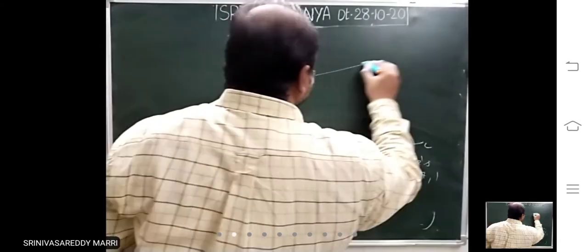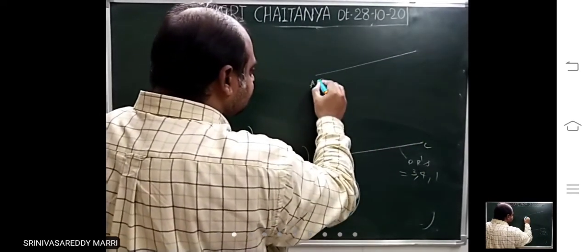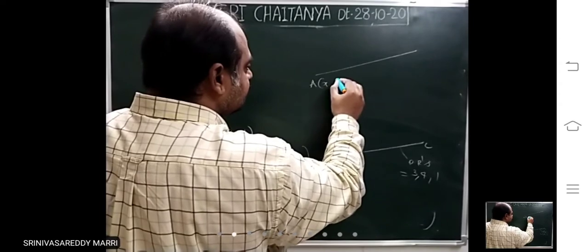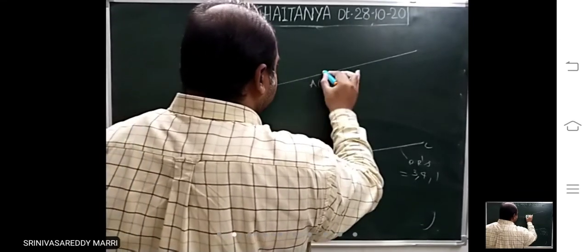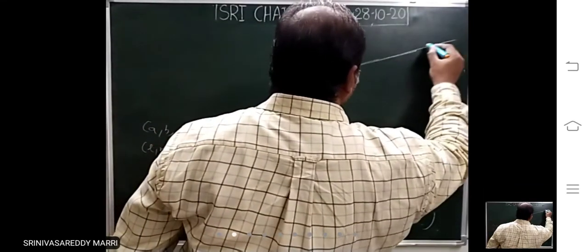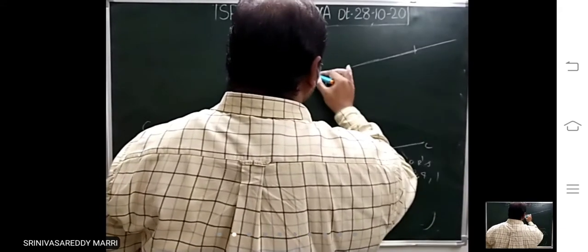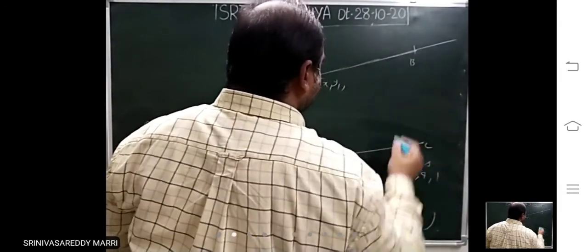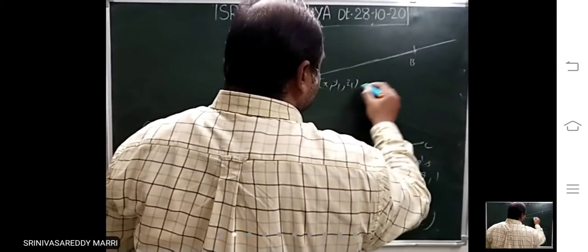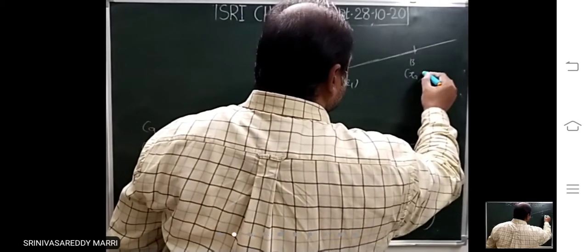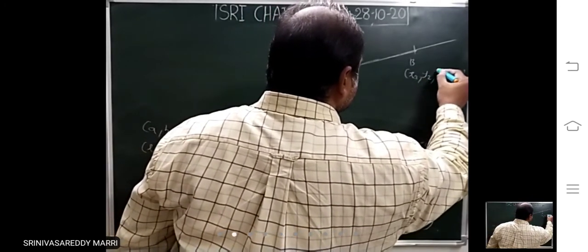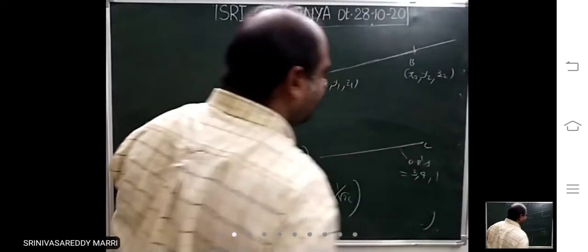Suppose a line segment is there. A line AB is passing through 2 points.